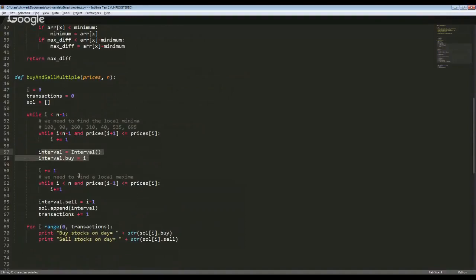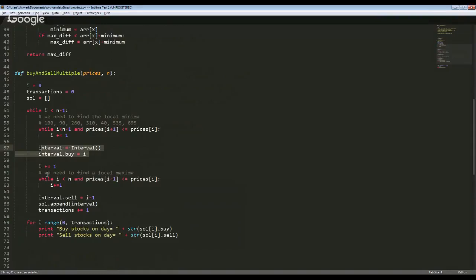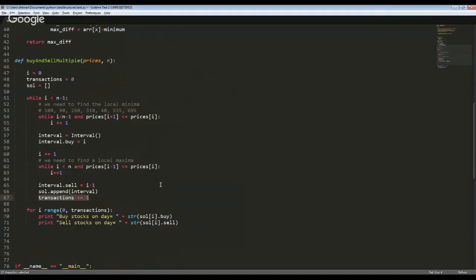Then we try and find the local maxima. In this case, we'll store the day on which we'll sell the stocks, and then we'll finally append our interval in which we bought and sold the stocks to the solution set, and then we'll increase the total number of transactions completed. So one transaction is buying and then selling the stock, right?